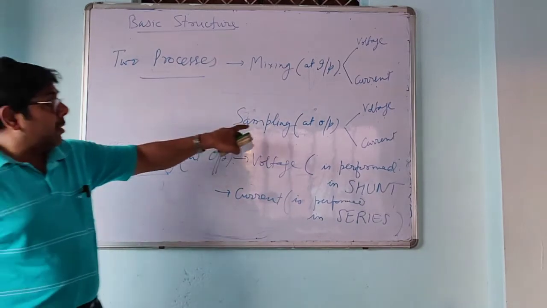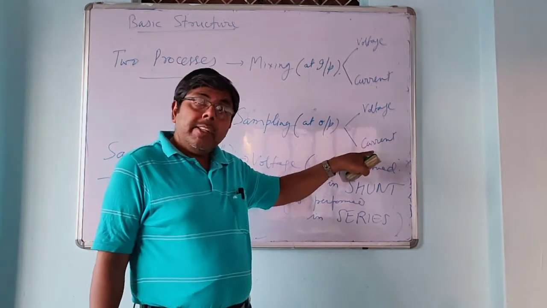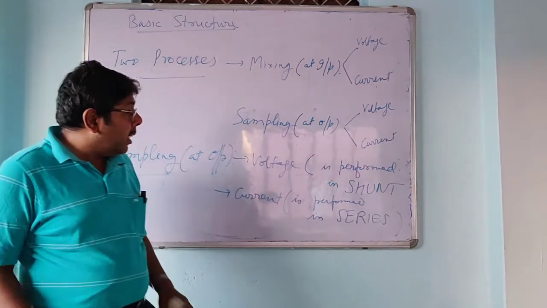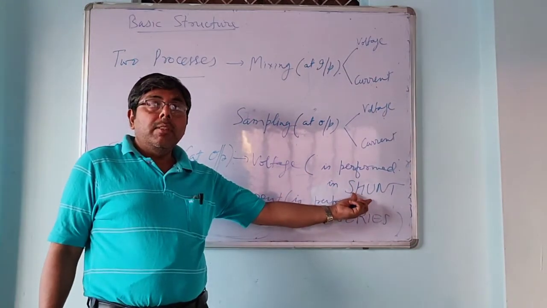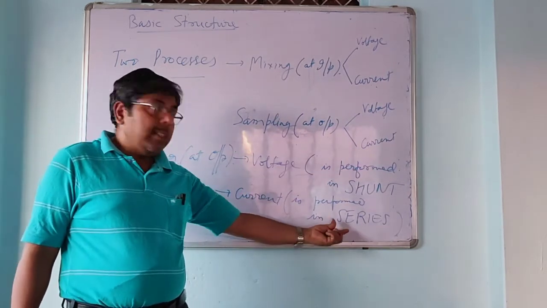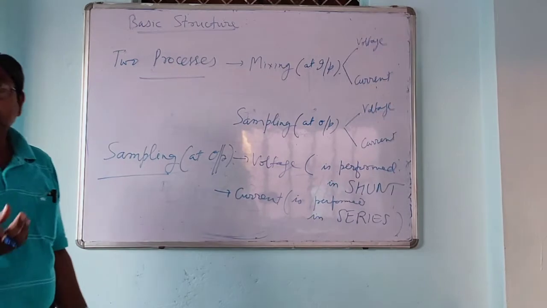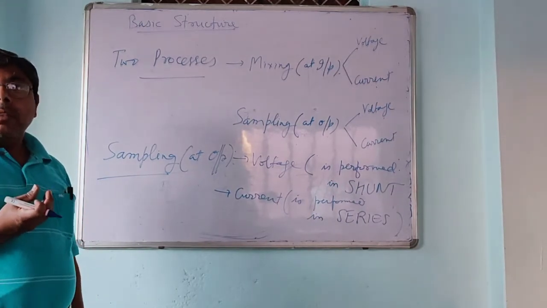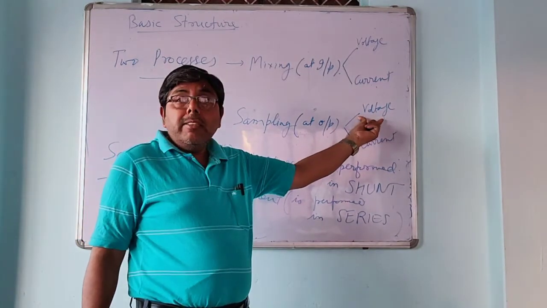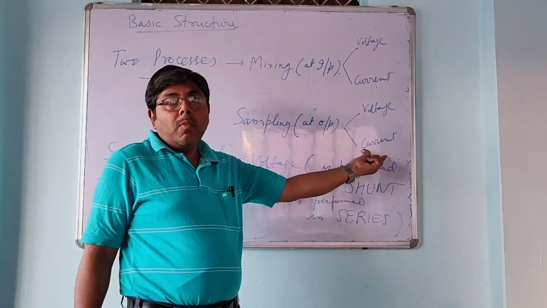Sampling, first thing is sampling at output, either of voltage or current. If we are taking voltage, then obviously connection is in shunt. And if we have current at the output, connection in series. Why this? Because we are taking a sample, meaning the same quantity. To take the same quantity, voltage is the same in parallel and current is the same in series.